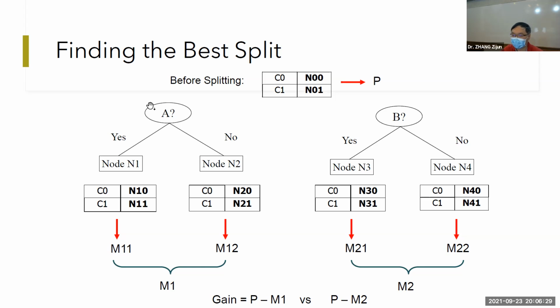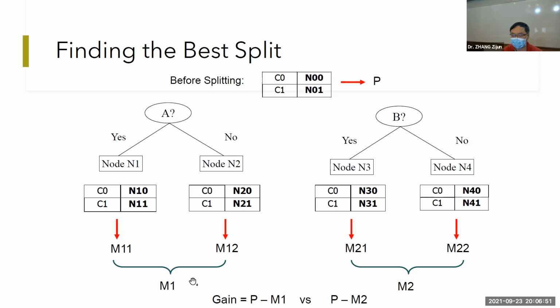And how can we determine whether we should split on attribute A or attribute B? We need to compute the gain, or sometimes we call it information gain, which is the difference between the impurity measure before splitting, P, minus the impurity measure we obtained after splitting based on each of the attributes.